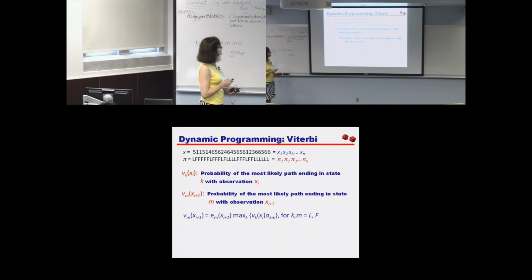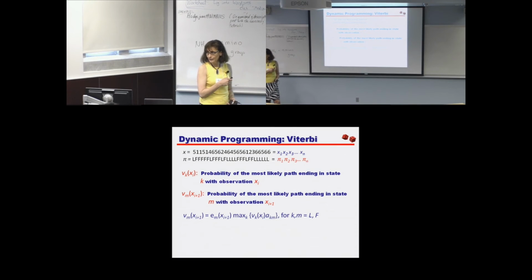So for instance, if I want to compute the most likely path, I want to compute the probability that is most likely, ending at L in this place, that will emit a 4.